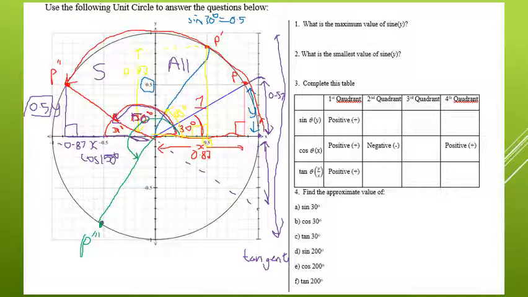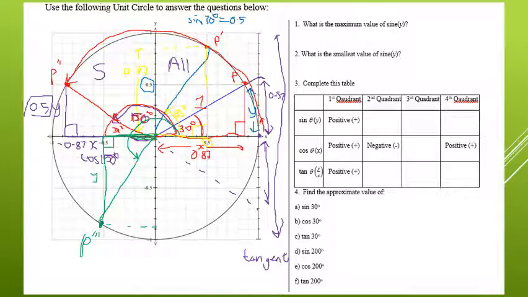Once again, we form our triangle like this, go up to the x-axis, make a right angle at the x-axis. The sine of the value would be this length here, so sine is going to be negative, about 0.87. The cosine is the length along the x-axis, which is also going to be negative. So cosine is negative, sine is negative.